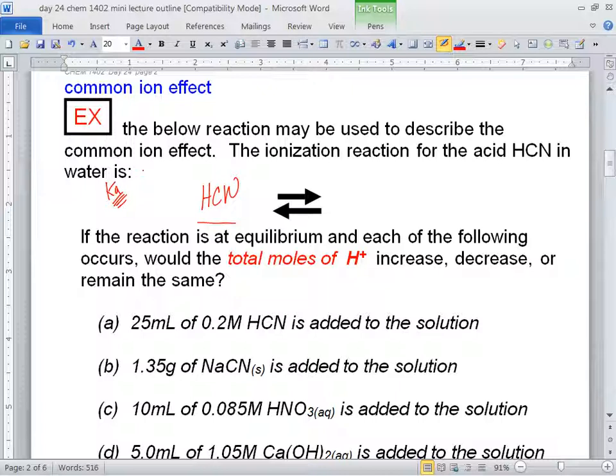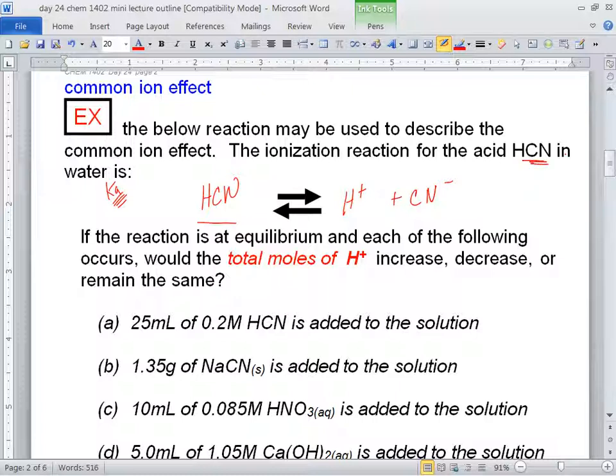Then on the product side is going to be H plus and CN minus. So the Ka reaction, the acid gives up H plus and the conjugate base. And we write that because we have HCN.